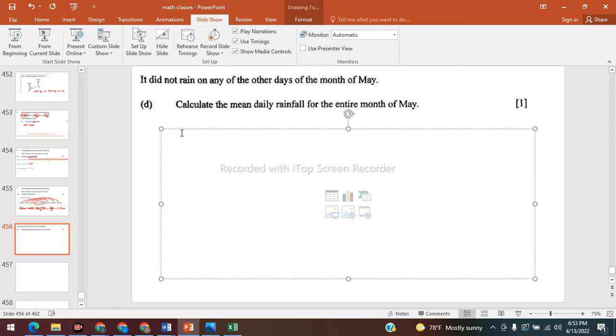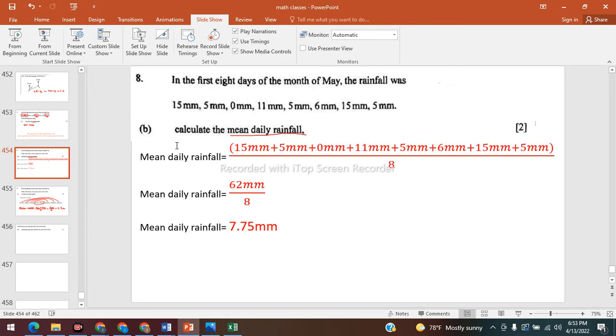Mr. Petit, if it didn't rain any day, wouldn't it just be 0 over 8 or something? Well, close. It says calculate the mean daily rainfall for the entire month if it did not rain on any of the other days of the month of May. It rained for the first day, the second day, didn't rain on the third day, rain on the fourth through the eighth day.